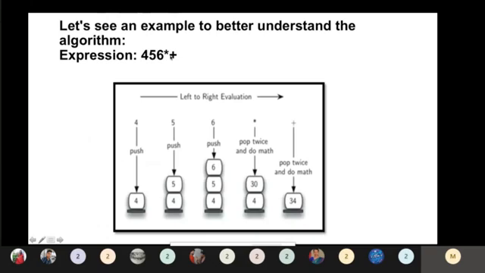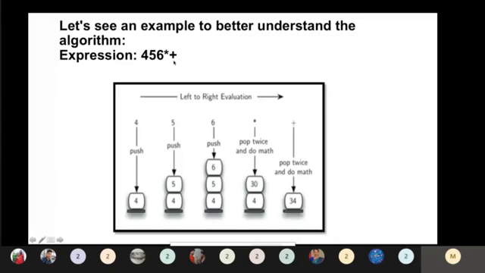The topmost 2 values are 6 and 5. We pop them outside and apply multiplication. So 6 into 5 is 30. Once the calculation is completed, we push the 30 back onto the top of the stack.